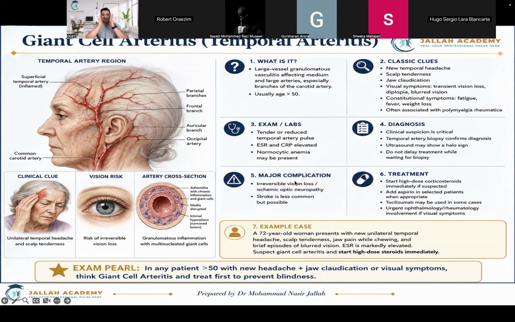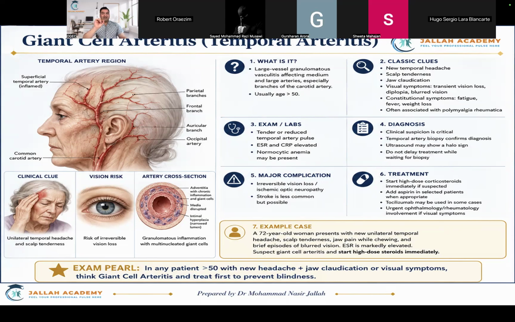Irreversible means if the blindness happened, that's it. You cannot reverse it. And that's the main reason that we need to start the steroid right away. If you have giant cell arthritis and they're asking you what is the best next step, high dose steroid. If they're asking you what is the confirmatory test, biopsy.